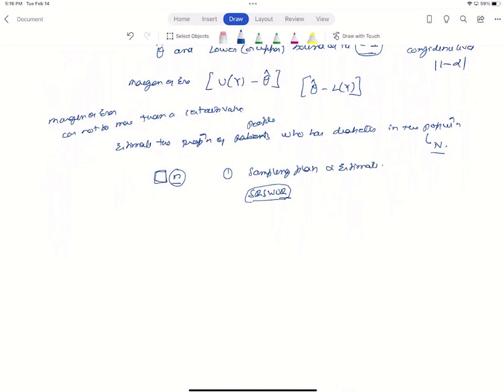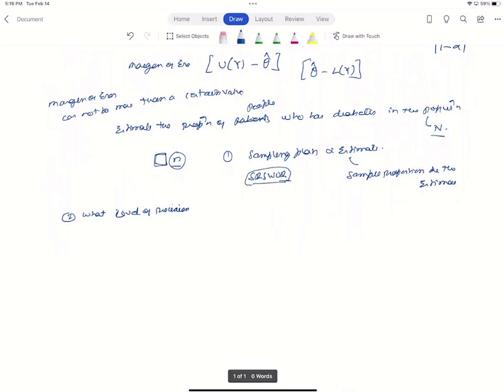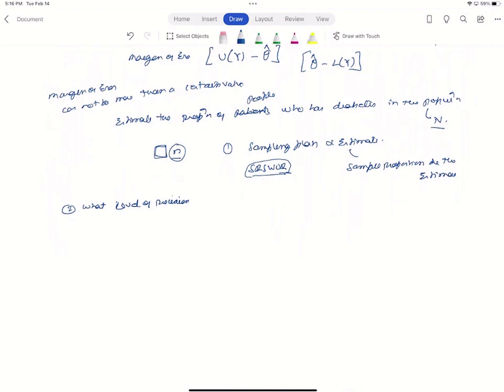So SRSWR, and the estimate that we are going to use is a sample proportion. Once we did that, the next thing we have to know is the level of precision, and what we mean by that is how accurate we want it to be.